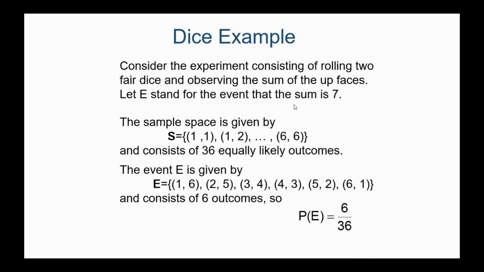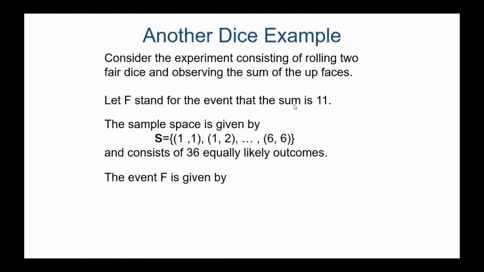Okay, so we're going to keep the same scenario, except this time we don't want it to add to 7. We want it to add to 11. So we would still have the same sample space, 1,1, 1,2, all the way up to 6,6, which means there's 36 equally likely outcomes.